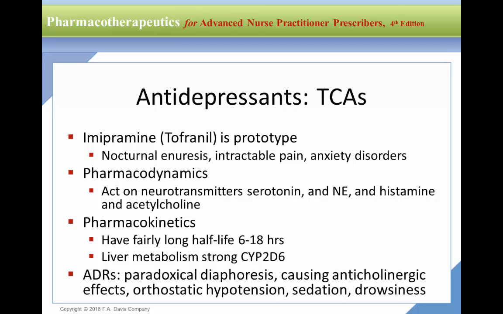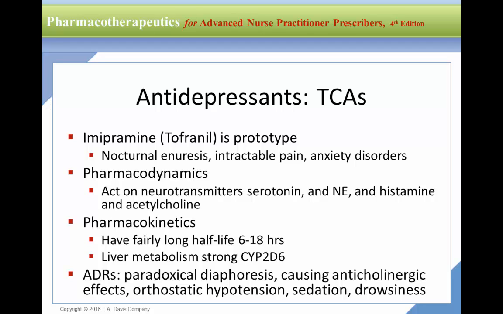Since they act, again, at the level of the neurotransmitters serotonin as well as norepinephrine, they also could block histamine and acetylcholine. So as previously stated, it is very important, because of the anticholinergic effect, to be careful with glaucoma, prostate hypertrophy, and urinary incontinence. And in addition, due to the alpha blocking effect, you have to be very careful with patients that have myocardial problems.